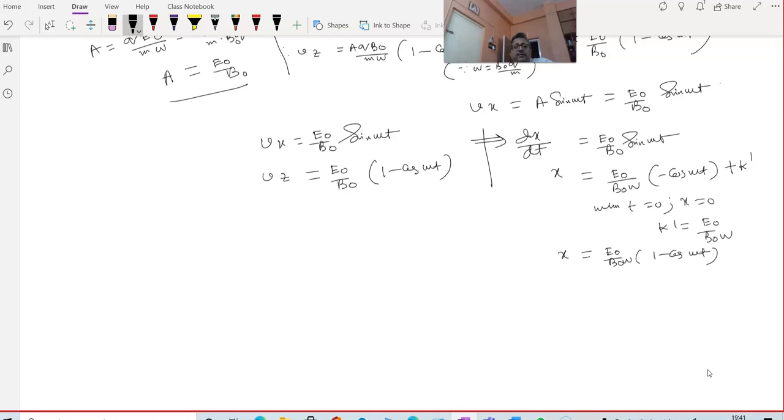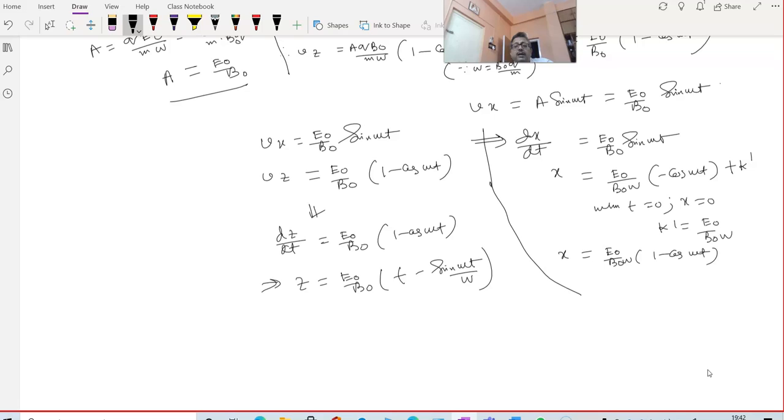And z, from here if you write dz by dt equal to, and then if you integrate, t minus sine omega t by omega, isn't it? E0 by B0 t minus sine omega t by omega plus K double dashed.